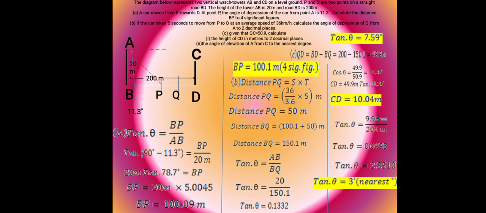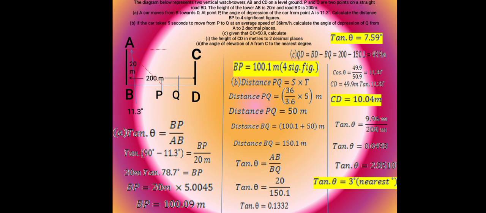It will be divided by a factor of 3.6. That changes 36 km per hour to meters per second, and then multiply by the 5 seconds the car took. You find that the distance PQ is 50 meters.